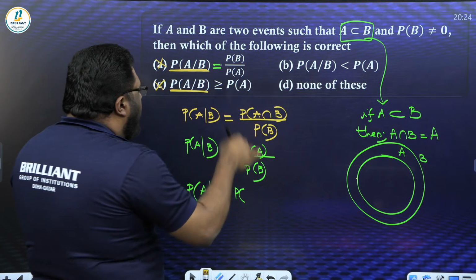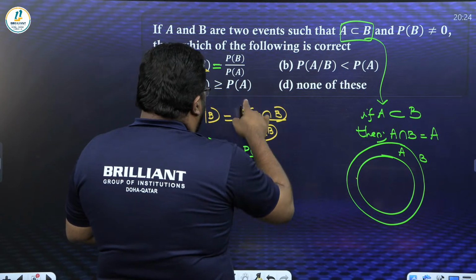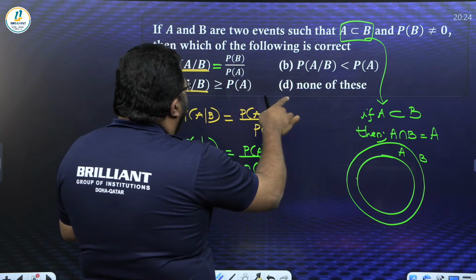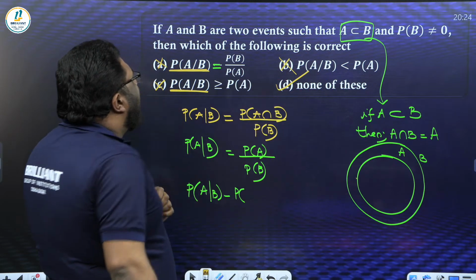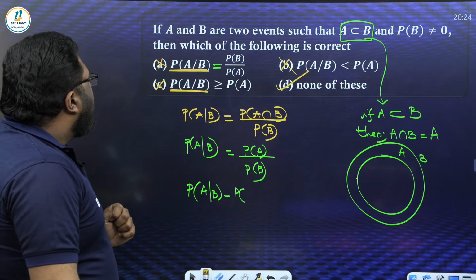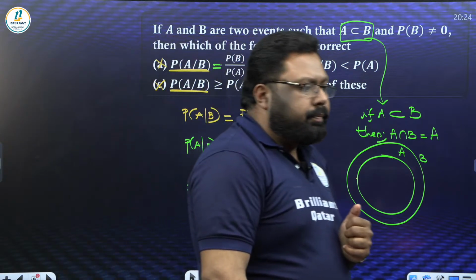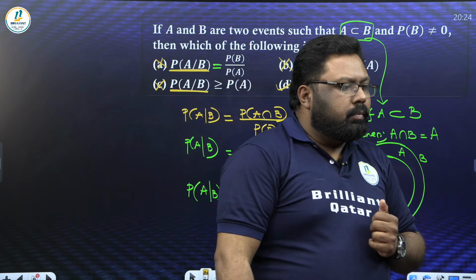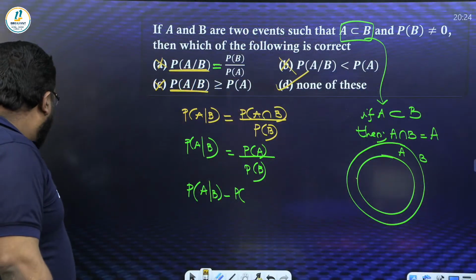P of A by B must be less than P of A? Greater than or equal to? It depends. So I think this is the answer because none of the options can be confirmed. So I would go for none of these. Okay, next one.